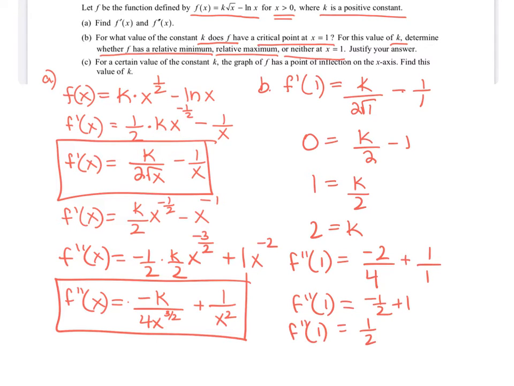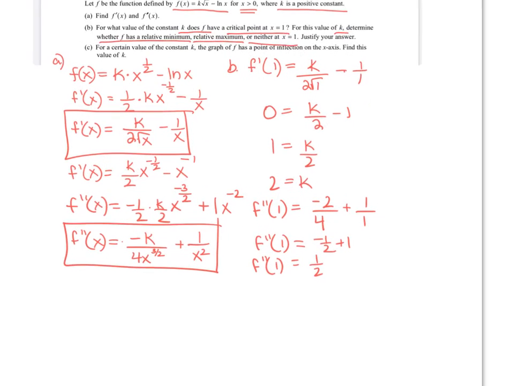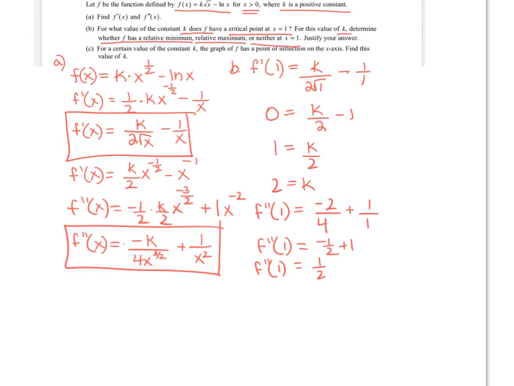So let's think about that. If our second derivative is positive, that means it's concave up, okay, which makes that point there at 1 a relative min.